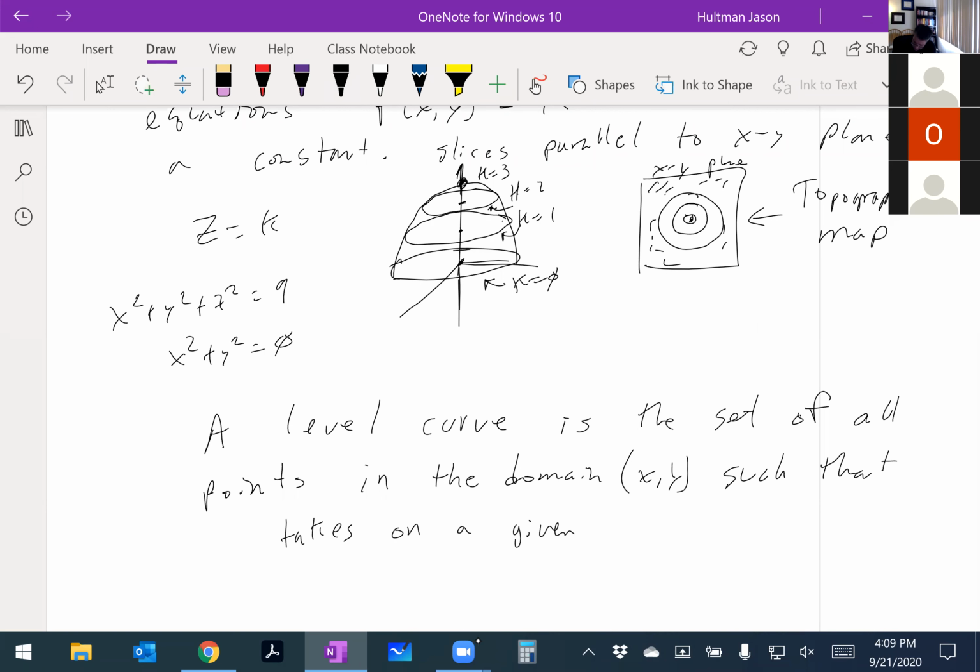I should probably say f of (x, y) just takes on a given value of k.